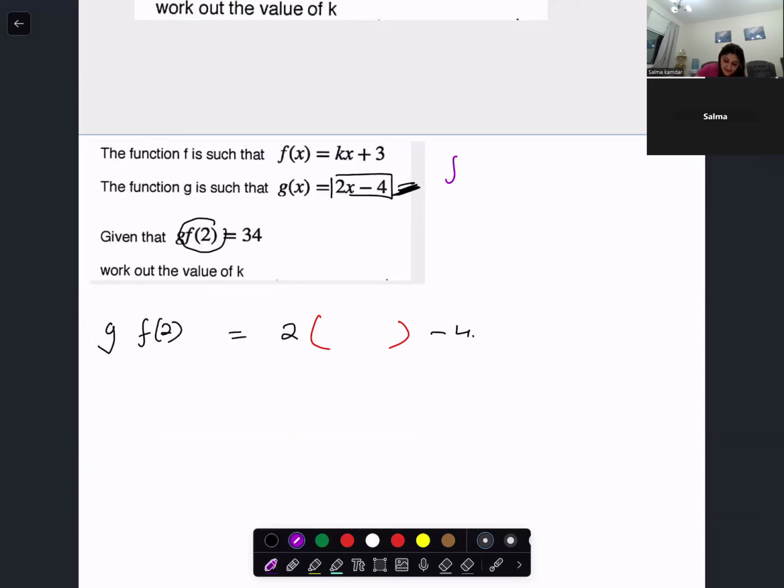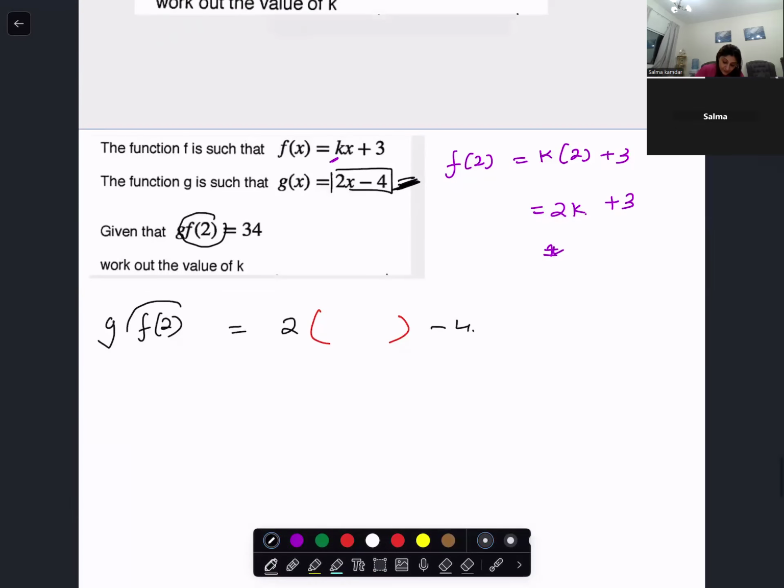Come on, I will first find f2. F2 is what? K2 plus 3. That is 2k plus 3.